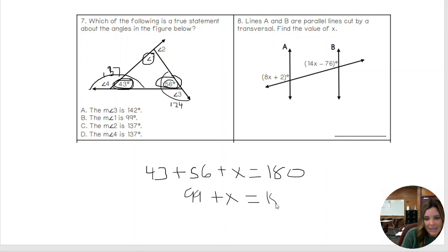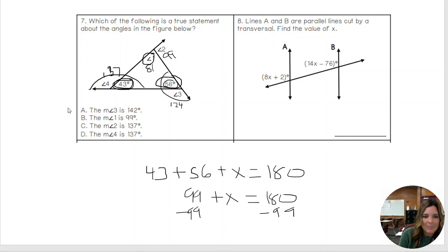If you take 180 and you subtract 99, that's going to leave you with an 81. So this angle right here is 81. And if this angle is 81, angle 1 and angle 2 make a linear pair, and so angle 2 would be 99. So now we can answer the questions.